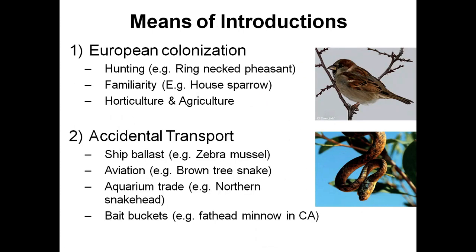So there are several ways of introduction. Sometimes we introduce things intentionally, like we introduced ringneck pheasants to the Great Plains to support hunting, and now the state bird of South Dakota is the ringneck pheasant, and they are everywhere.